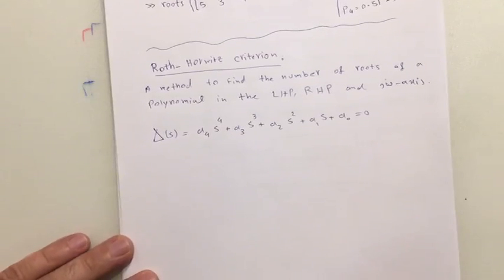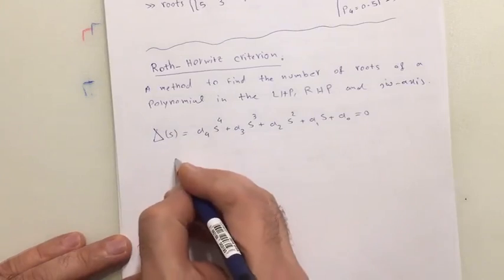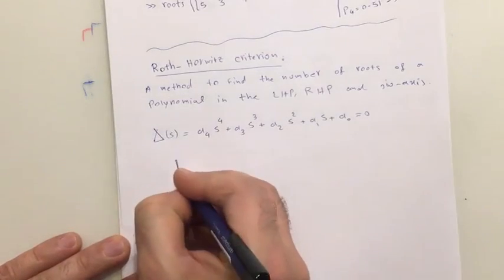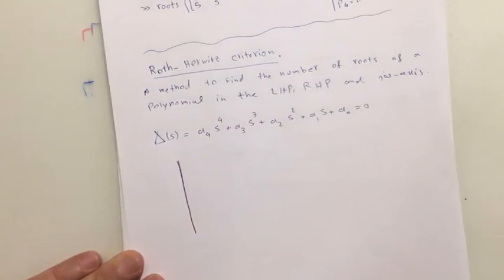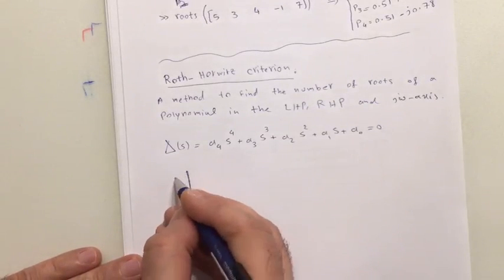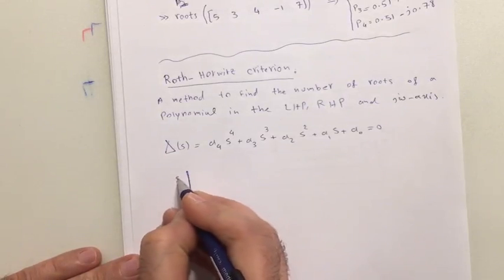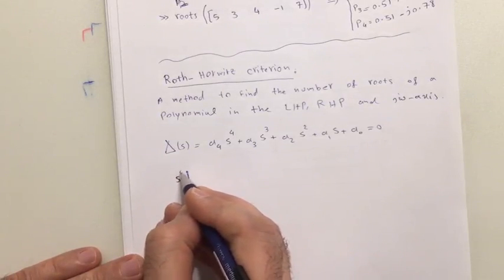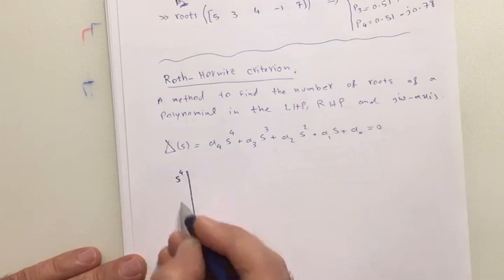So how to proceed? Basically, we should draw a table. On the left side of the table, we write the powers of s from the highest power to the lowest power.